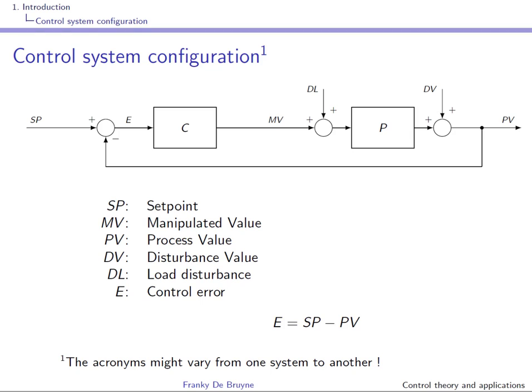The role of the controller is to control the output PV, and as you can see, a negative feedback is used, so the controller is using minus PV. It is acting on SP minus PV, that's the control error E, to compute the manipulated value.